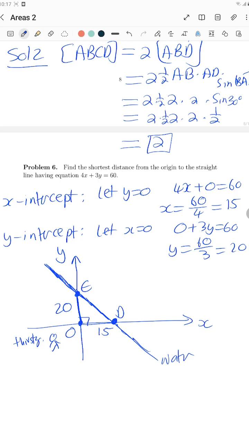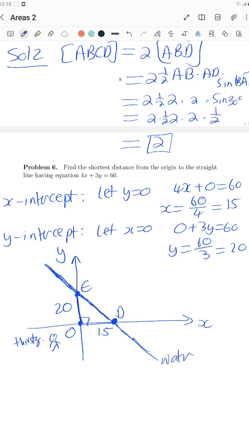So what you want to do is get to the water as quickly as possible. So you are going to try to find the point on that straight line with equation 4x plus 3y equal to 60, where you have to do the least amount of walking because you are thirsty.